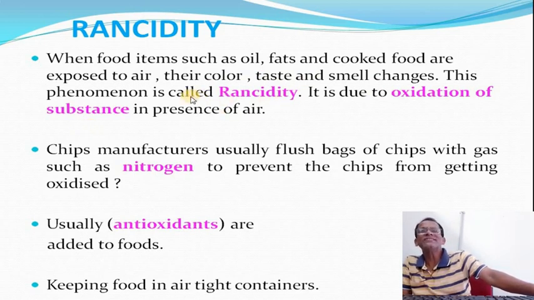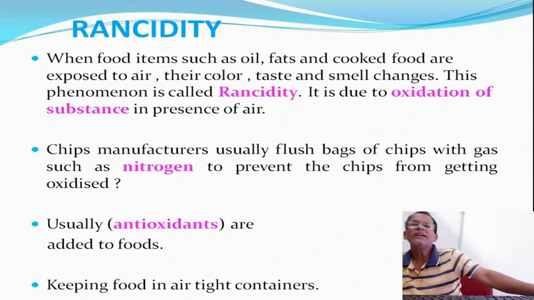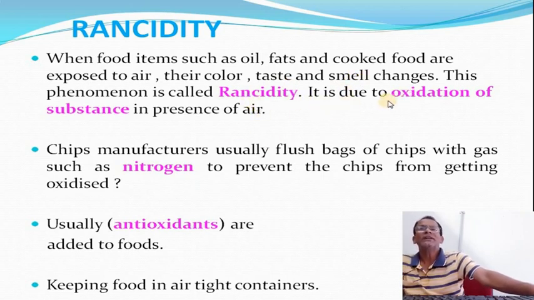This is called rancidity. Rancidity is also an oxidation process, because the atmosphere contains oxygen, and this oxygen oxidizes the food materials. Then it shows change in color, taste and smell. It is an example of oxidation process.